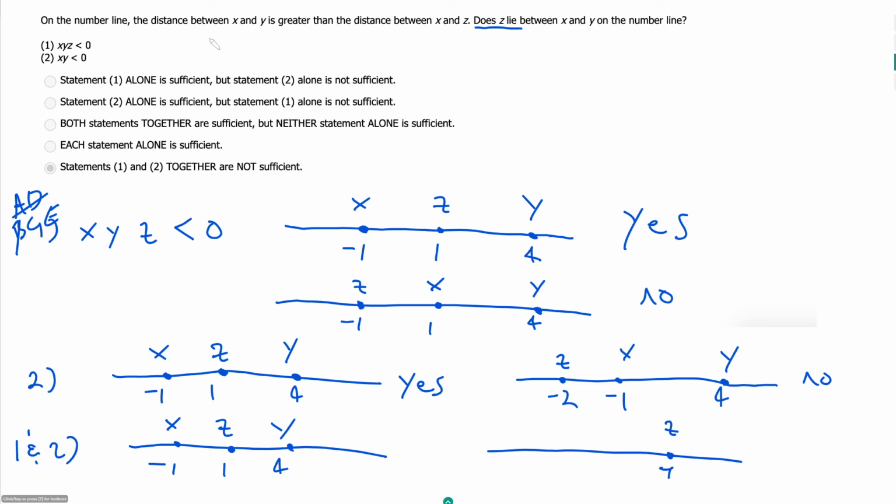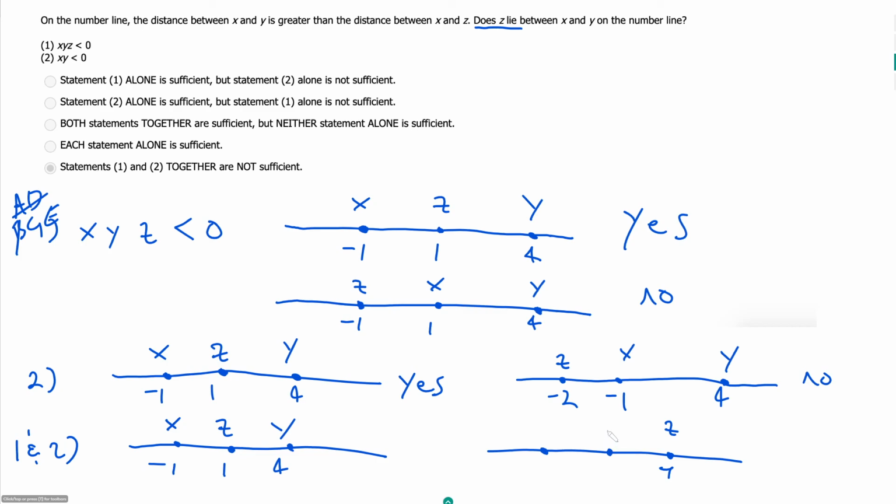And I know x and y have to have opposite signs, right? So remember, I'm trying to get z on the outside here. So I just need one of these to be positive, one to be negative.